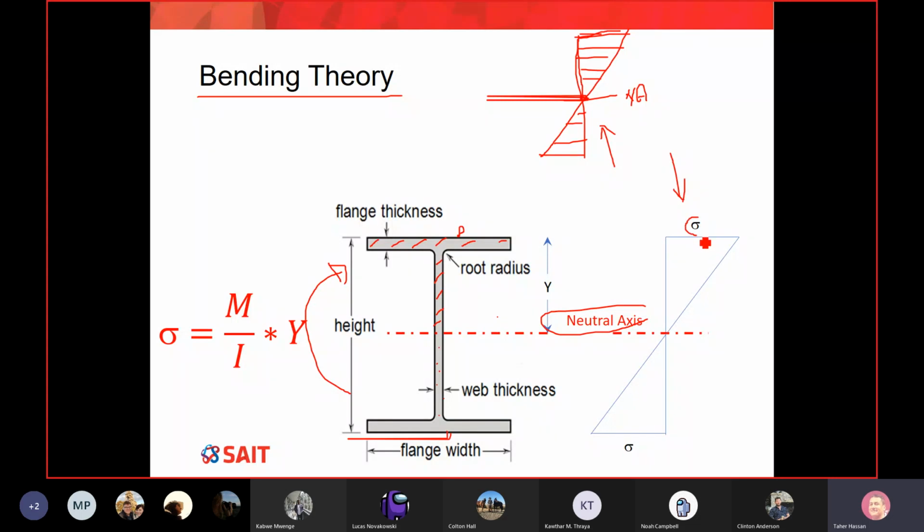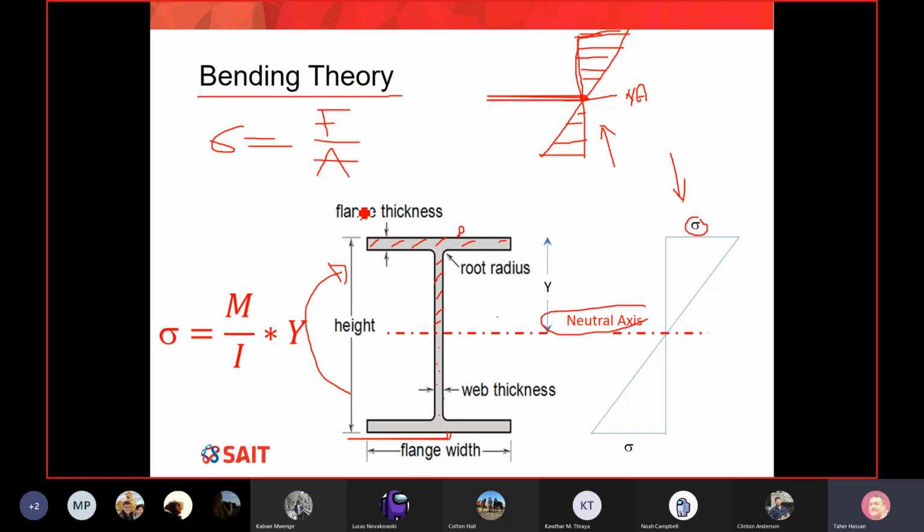You can see here the sigma, and this sigma is the stress. Did you learn with me in my lab that sigma is equal to F divided by A? The stress is equal to the force divided by the cross-section area. Anybody remember that? Yep, okay. This is how we estimate the stress from axial forces.